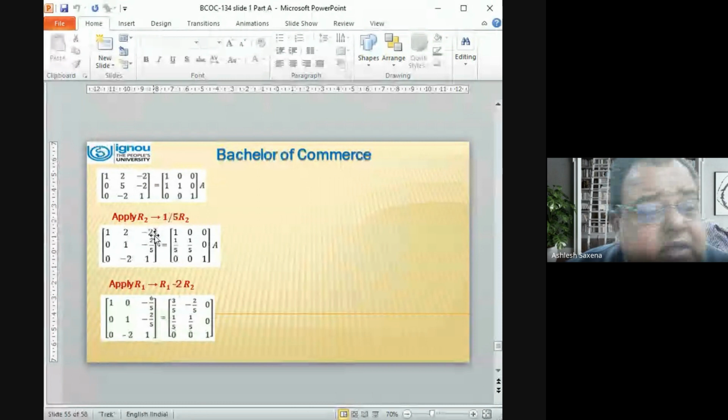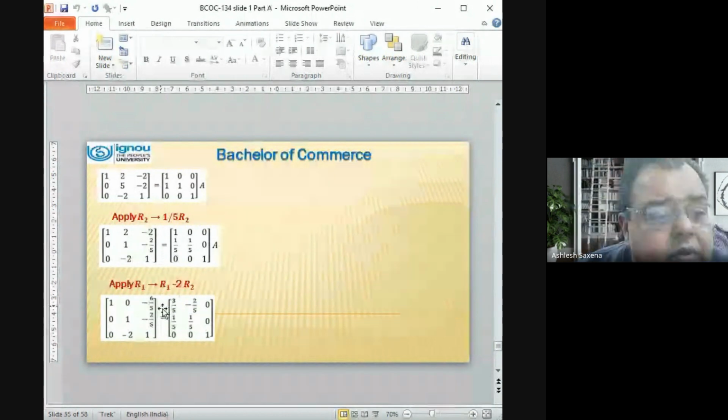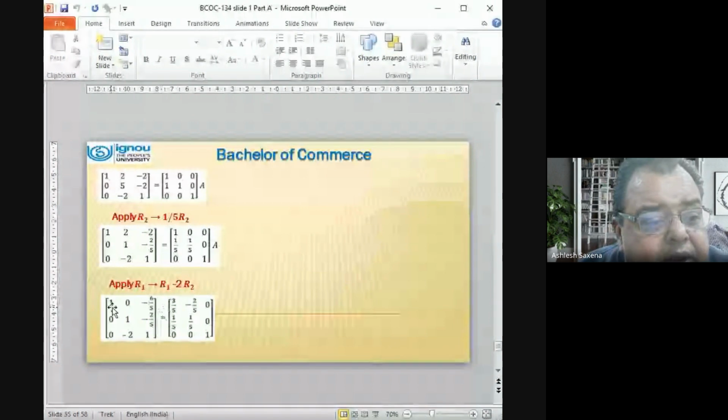What is happening here? Minus 2 times 2 by 5 will be minus 6 by 5. Correct? Now see, this has been transformed to 1, 0, minus 6 by 5. Remaining all the elements will remain the same in this matrix.